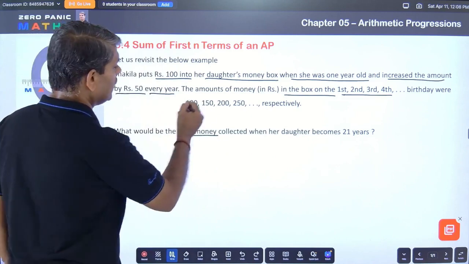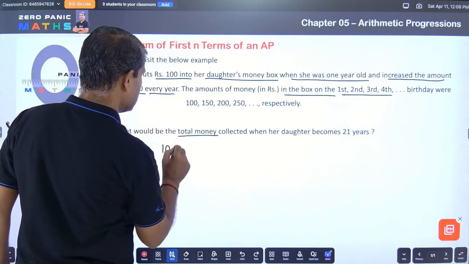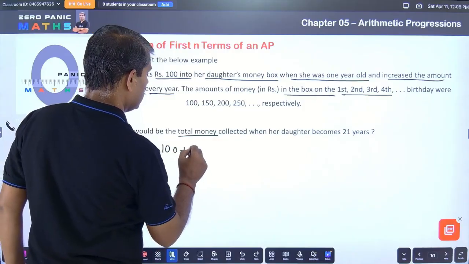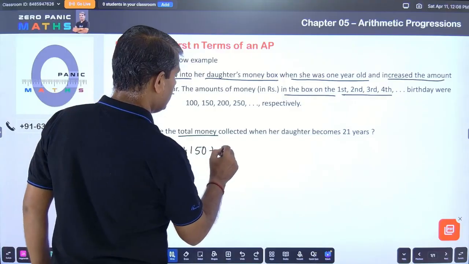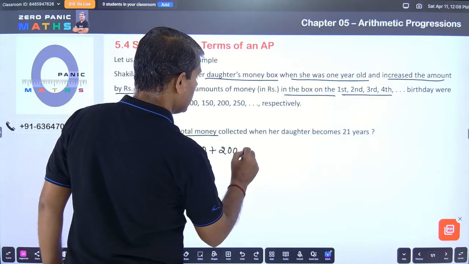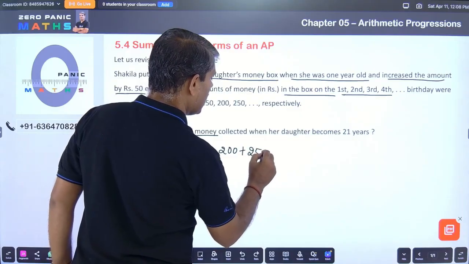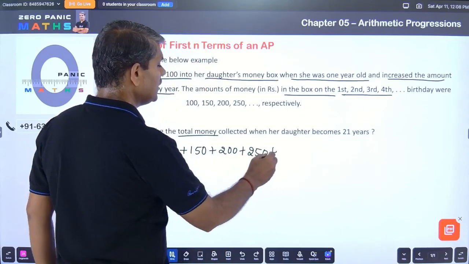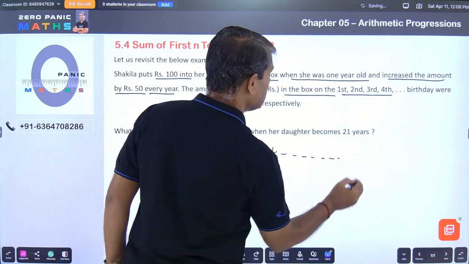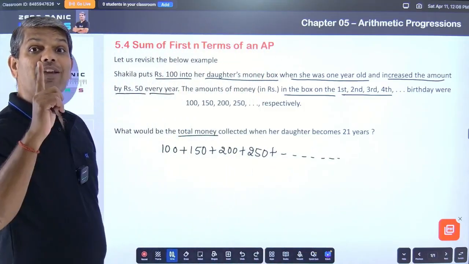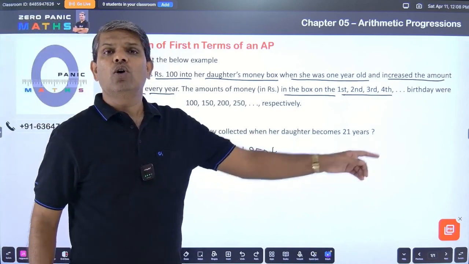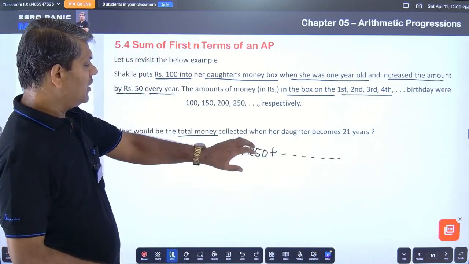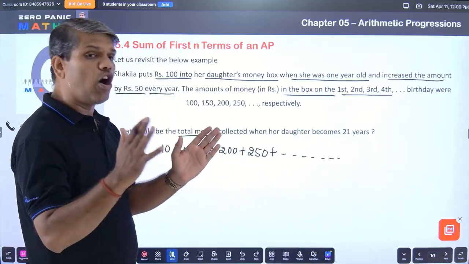You go on adding the value from every year: 100 plus 150 plus 200 plus 250, and so on. The amount keeps increasing by 50 till 21 terms, and you have to add all of those.